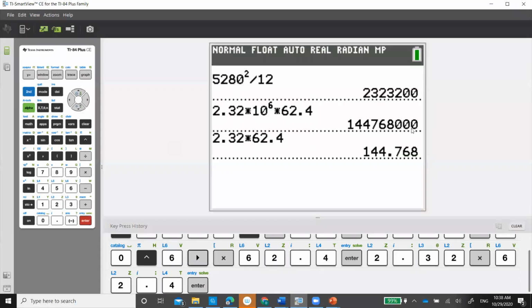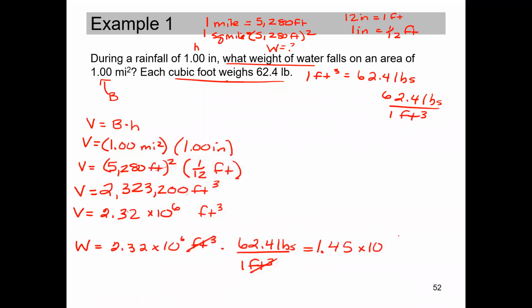Right here, this number right here, we have 3, 6, 7, 8. So we times 10 to the 8th power. And our units here will be in pounds. All right, so that's in pounds, so it'd be 1.45 times 10 to the 8th in pounds.